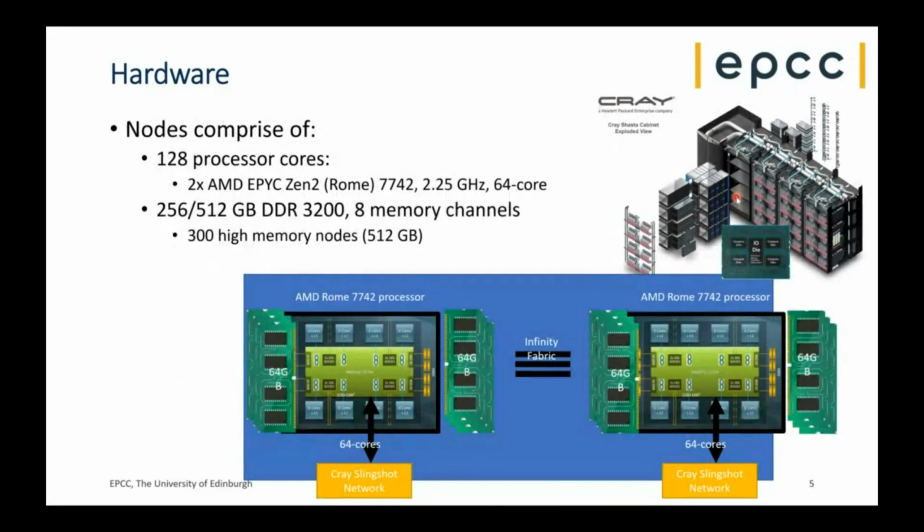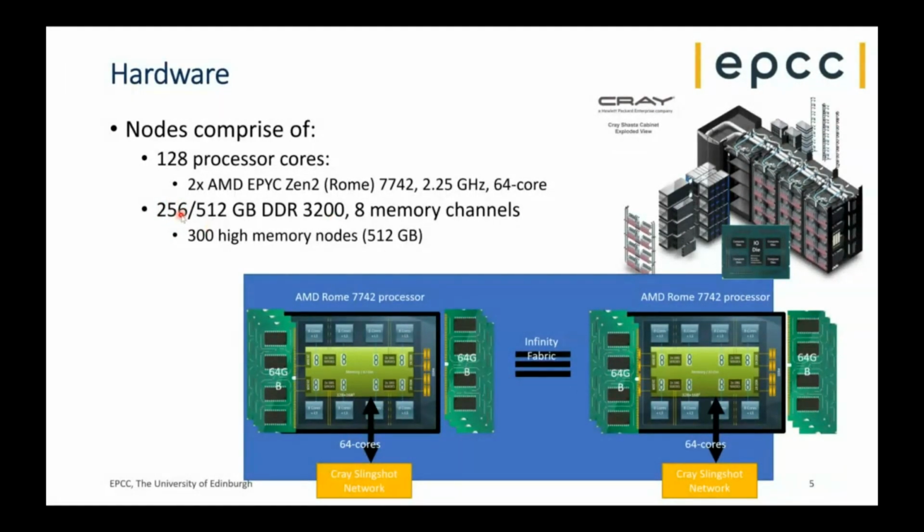So what does ARCHER2 actually have? Well, it has these compute nodes. Each compute node has 2 processors in it. They're AMD EPYC processors, but you don't really care about that. And each processor has 64 cores. And then the majority of the compute nodes have 256 gigabytes of memory.